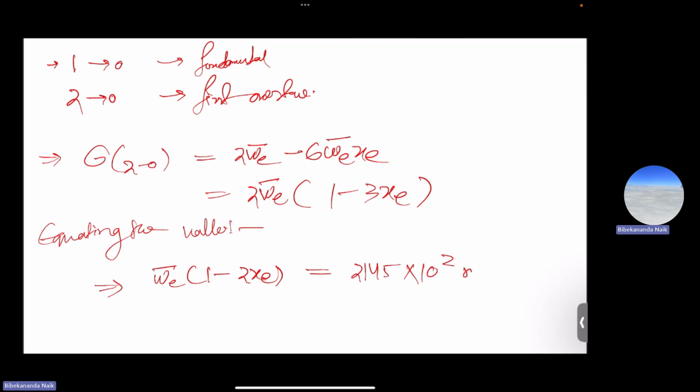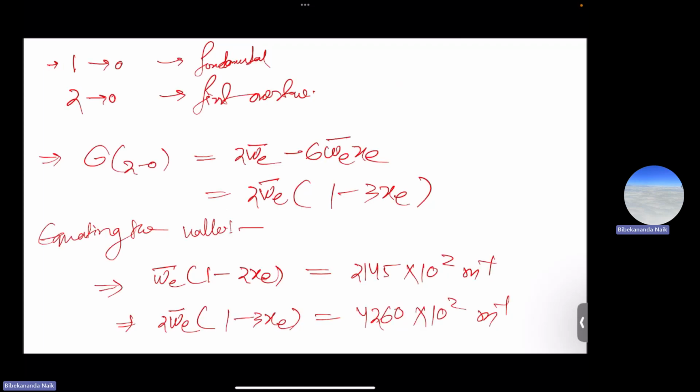In order to convert it to meter inverse, we will multiply it by 10 to the power 2. Then 2 omega E bar (1 minus 3 xc) is 4260 into 10 to the power 2 meter inverse.